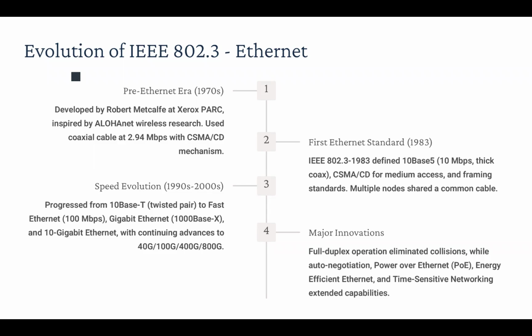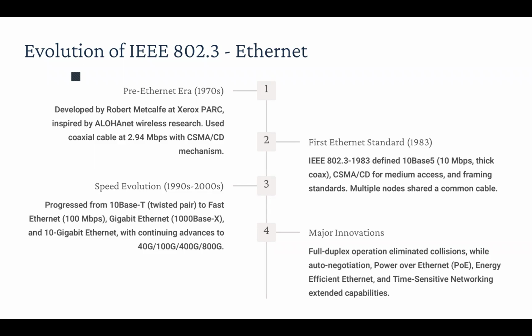Now, when Ethernet transitioned from coaxial to twisted pair cabling with 10BASE-T, it made a more reliable and flexible star topology for local networks.